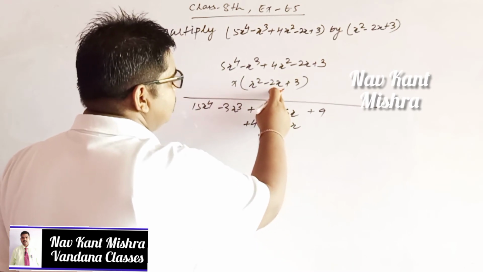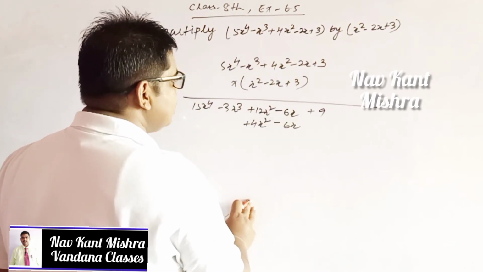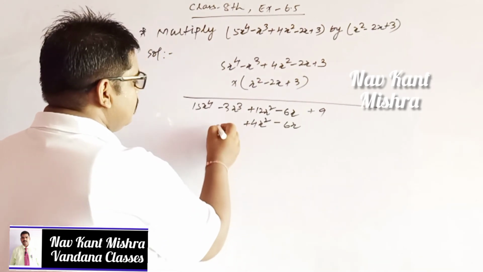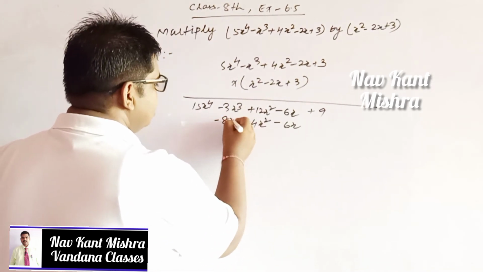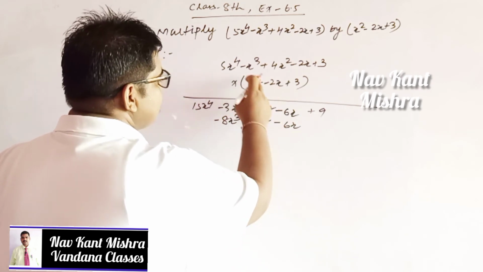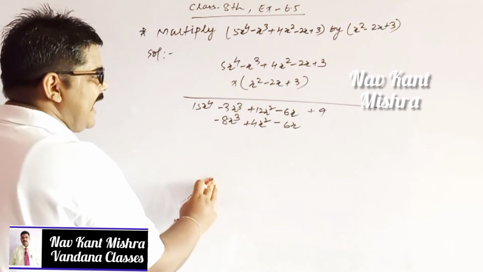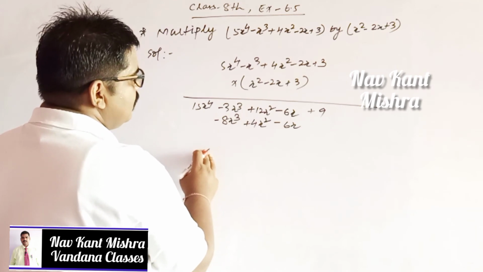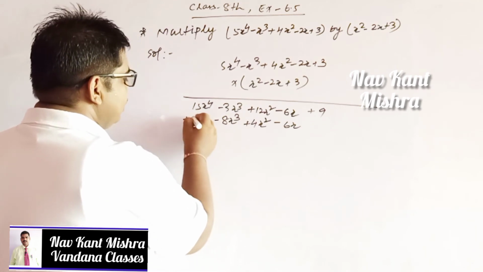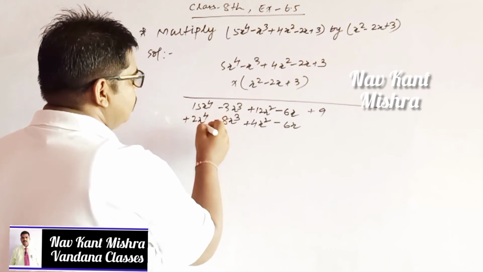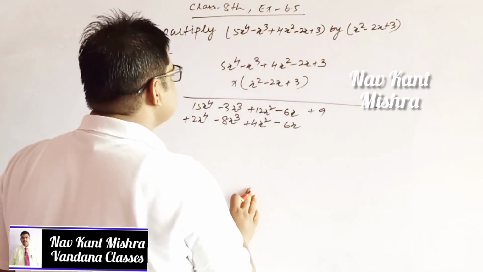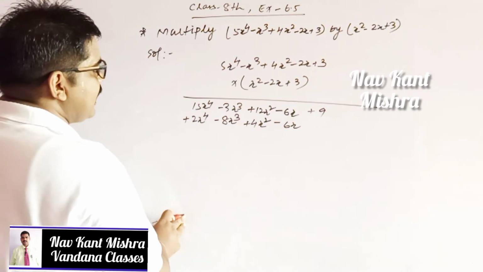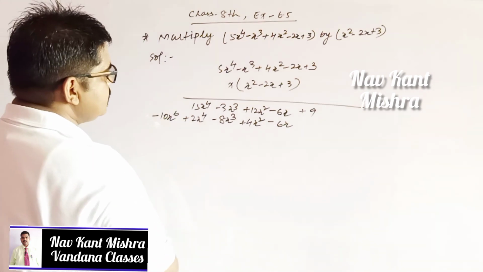Minus 2x multiplied by plus 4x squared gives minus 8x cube, so you write it in this column. Minus 2x multiplied by minus x cube gives plus 2x to the power 4, written in this column. And when minus 2x is multiplied by 5x to the power 4, it is minus 10x to the power 5.